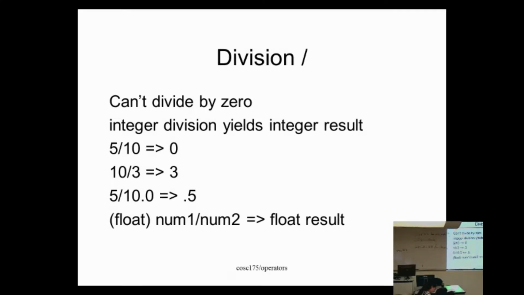Tyler? Yeah, what's to stop them from entering 0? They can enter 0, and then you would get a runtime divide by 0 issue, which is not a good thing. So what do you think as a programmer you should do about this?